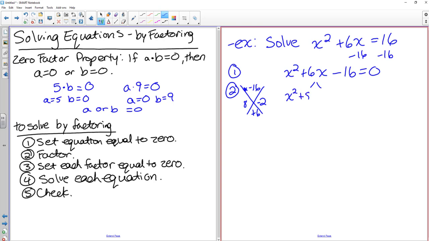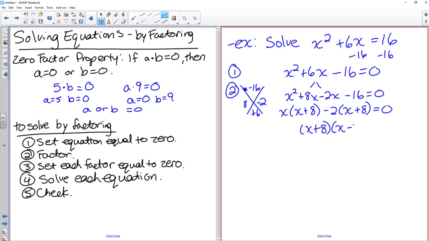I'm going to split up my plus 6x into plus 8x minus 2x. Bring down minus 16. Out of the first two, I can factor out an x. Next two, factor out a minus 2. And I'll have x plus 8 times x minus 2. Okay, so step 2, I factored.